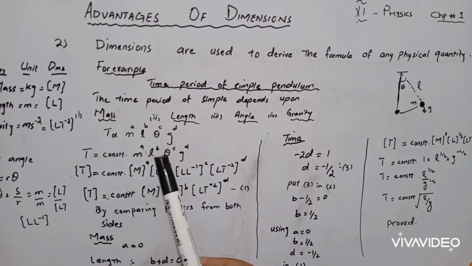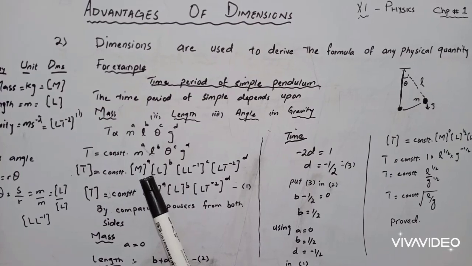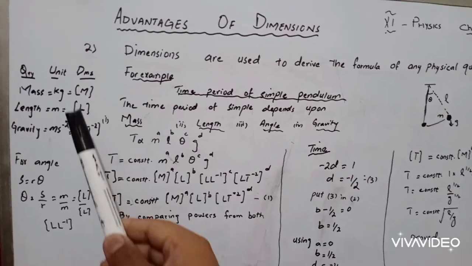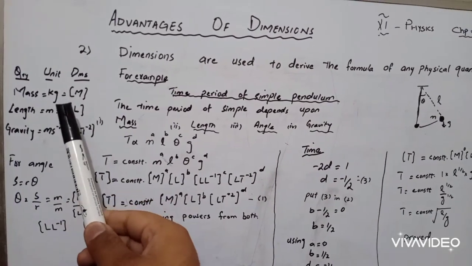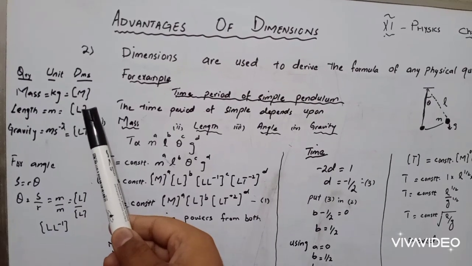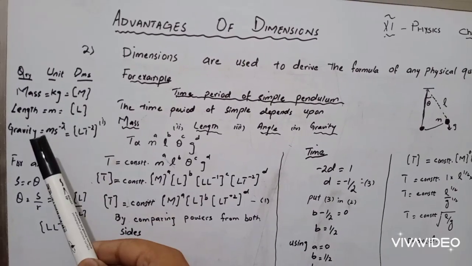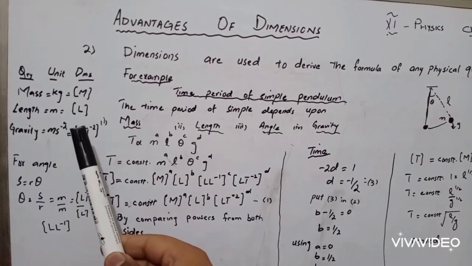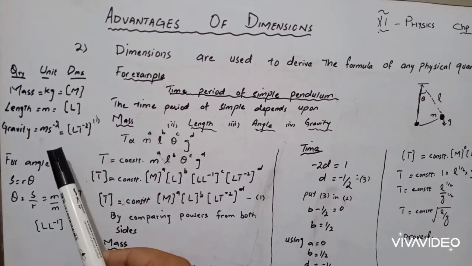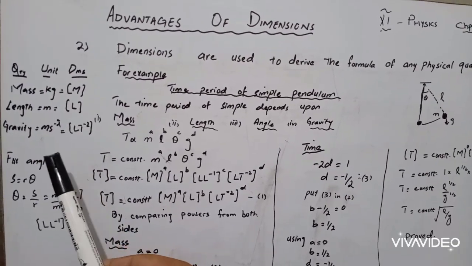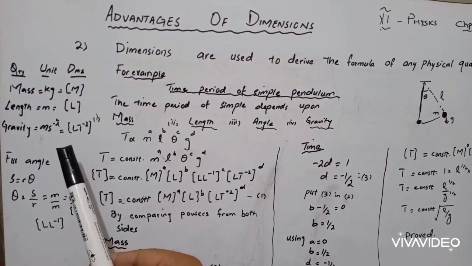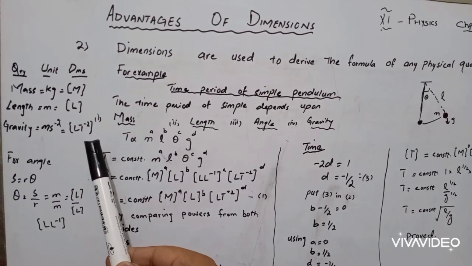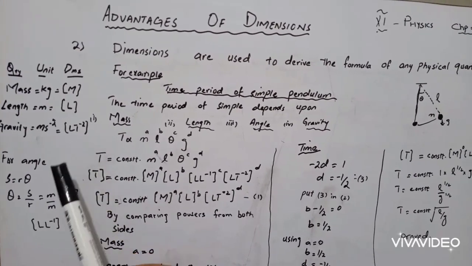Now by changing them into their dimensions, you can see that mass has a unit of kilogram and the dimension is M, length has the unit meter and the dimension is L, gravitational acceleration of course is meter per second square and its dimension is LT^-2.